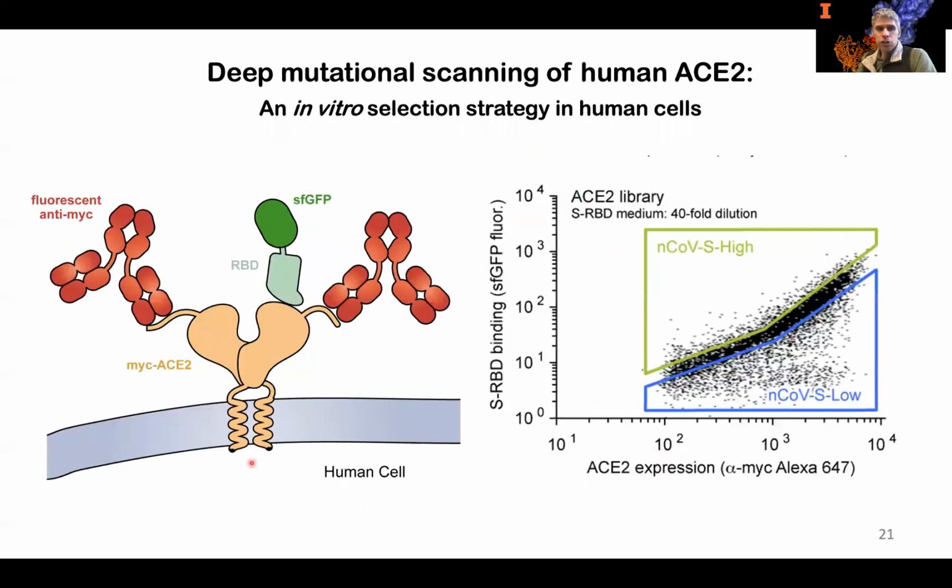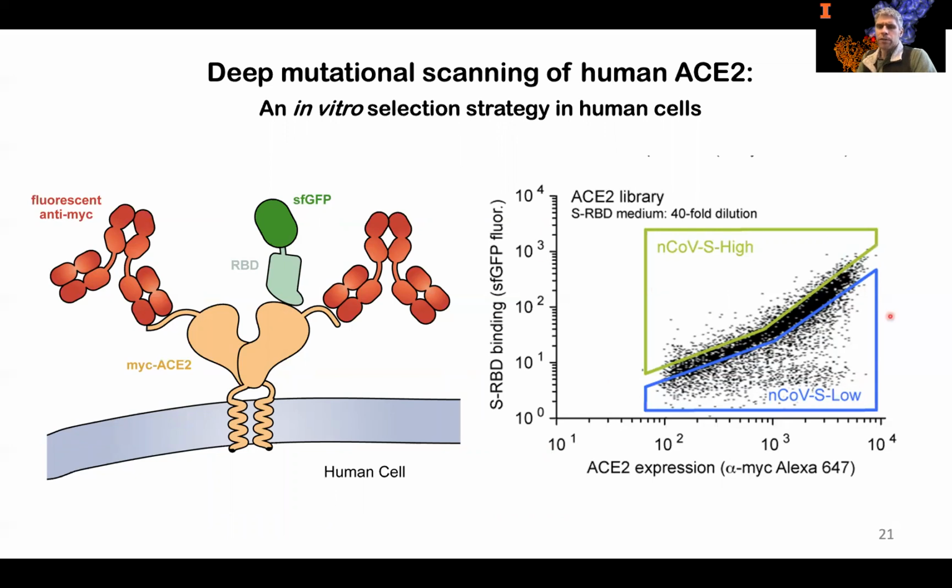The selection strategy was to make a library of human ACE2 expressed in human cells. We can detect the surface expression of variants in the library using fluorescent antibodies shown in red here, detecting an epitope tag. And then we looked at binding to the viral spike using the receptor binding domain, or RBD, again, fluorescently labeled.